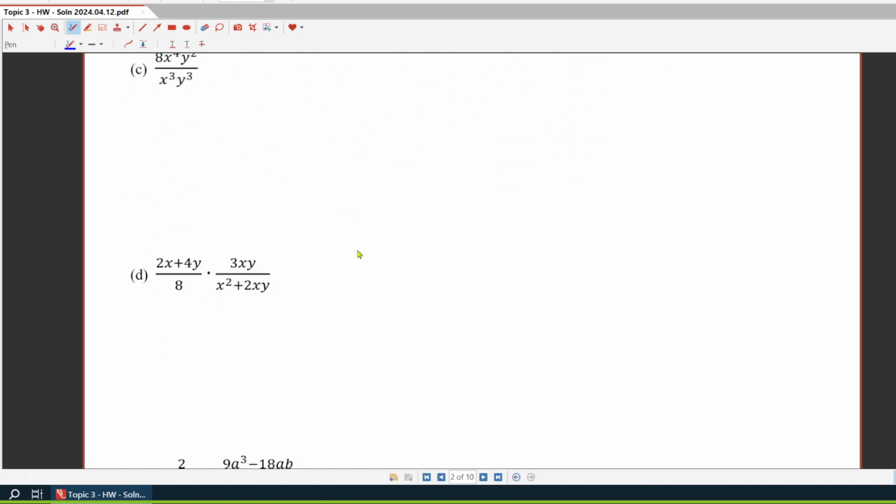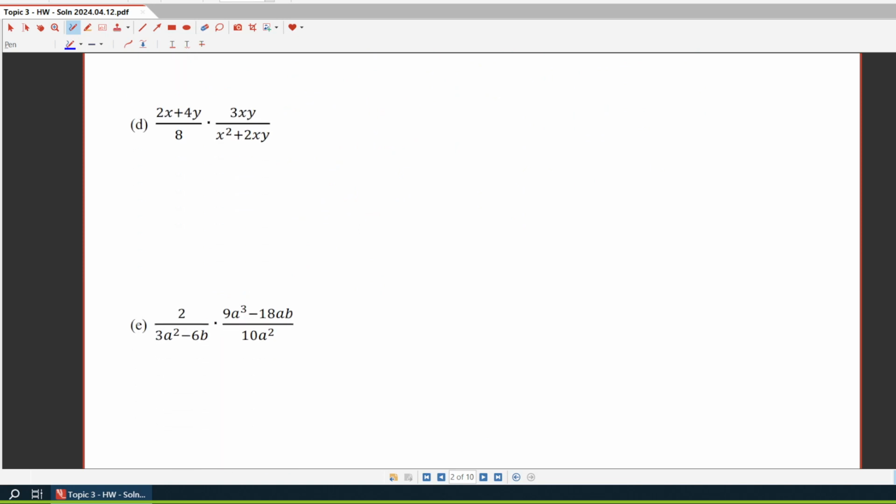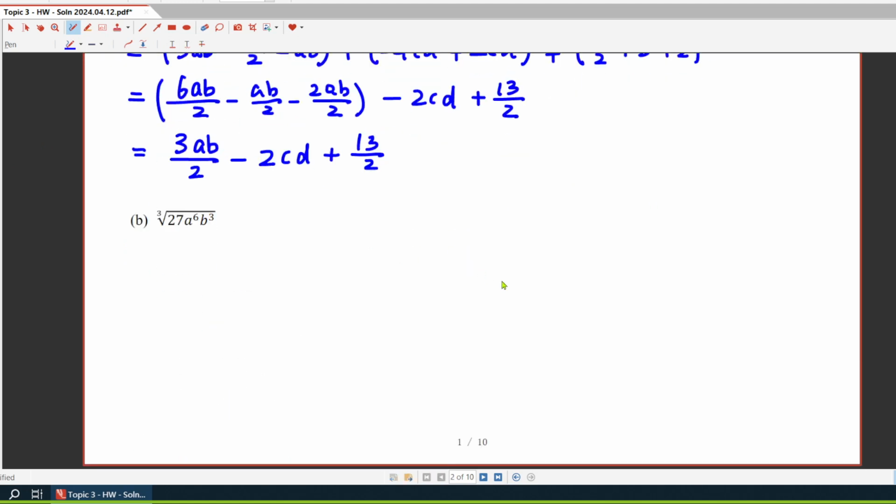Okay, and then question number 2D. Yeah, I can see some of you have done this correctly, but others didn't. So let's have a look at the solution to this question.